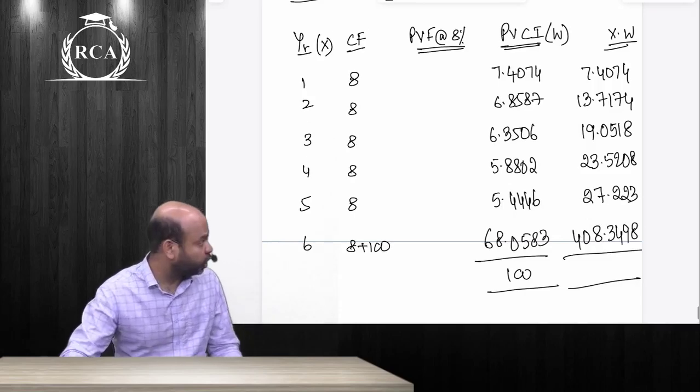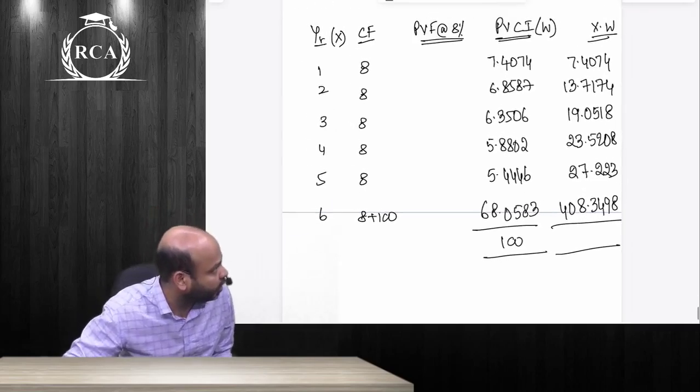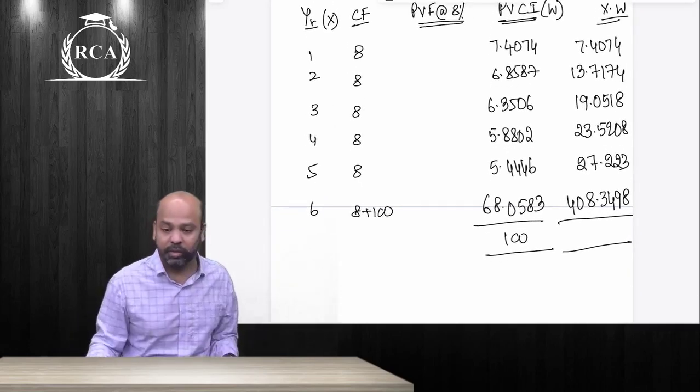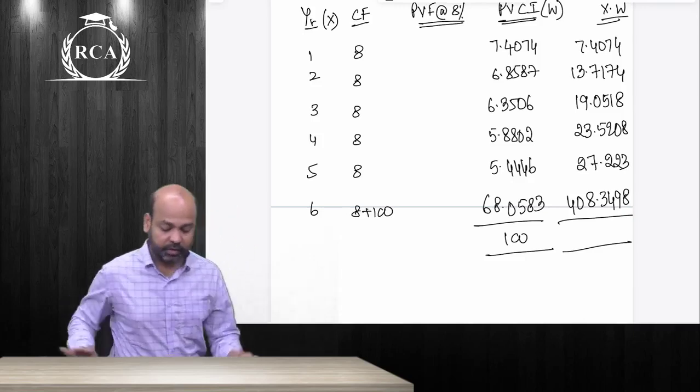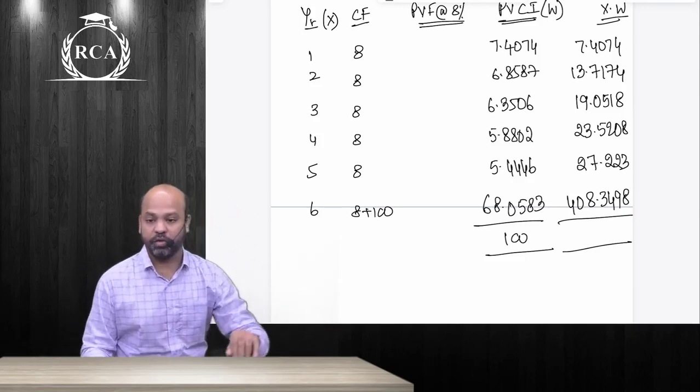The sum total of present value of cash inflows will be 100 rupees only. Can you add up all of these values? Now X into W. X is the year, guys, and W is the weight of those cash flows.